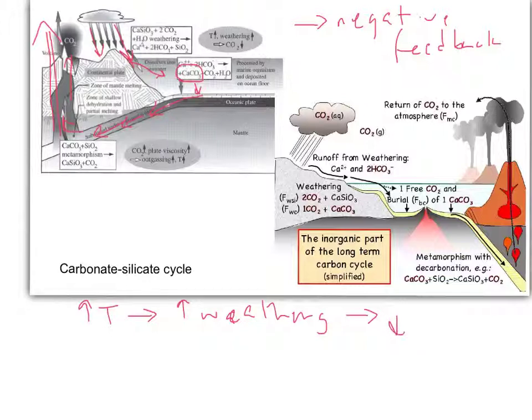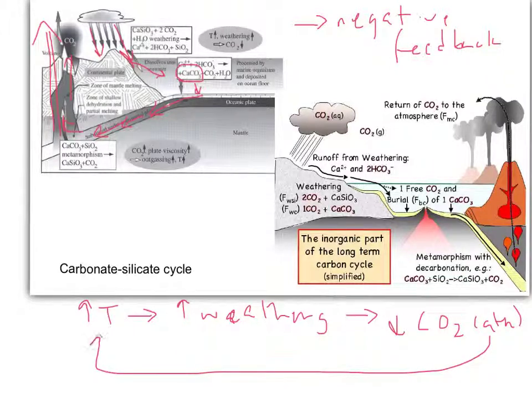So we're going to see reduced atmospheric carbon dioxide, which in turn will cycle back here to reduce the temperature. So that's a negative feedback. And these negative feedback processes are important in essentially acting as a thermostat for our planet Earth.